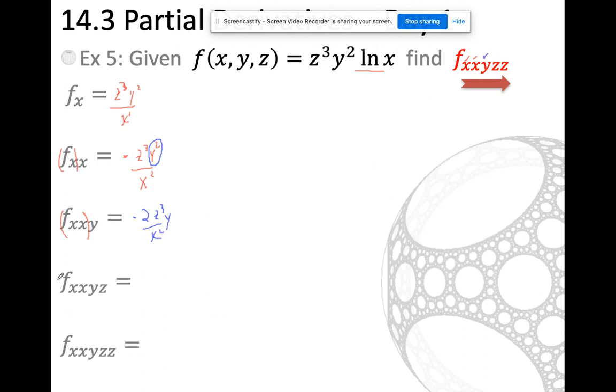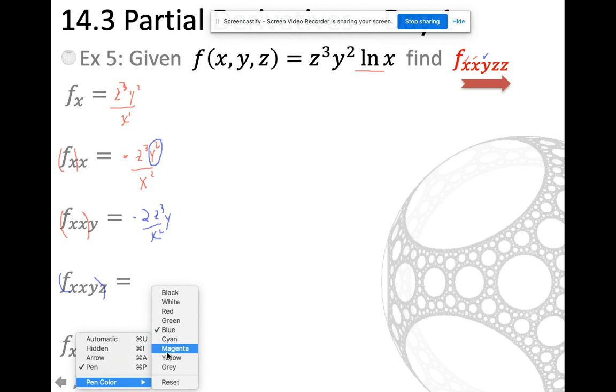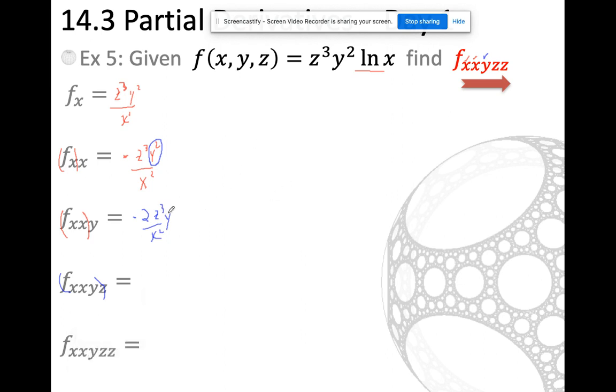Now I have to take that expression and I need to take the derivative with respect to z. So everybody else is a constant. The derivative of a constant times z cubed is, bring down the 3 and multiply it times the constant.